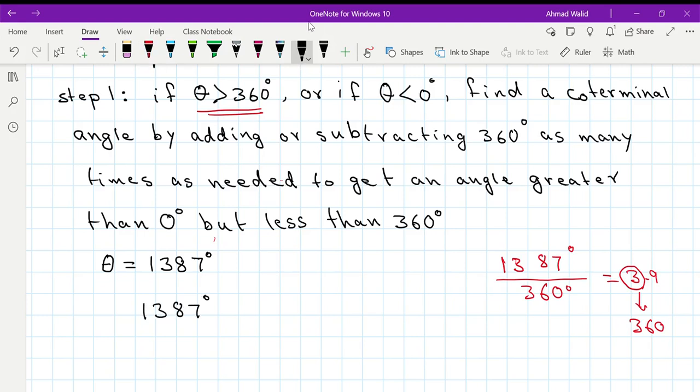It means I'll go this way. 1387 degree minus 3 times 360, which gives me 1387 degree minus 1080. 3 times 0 is 0, 3 times 6 is 18, 3 times 3 is 9, 10, right? 1080.